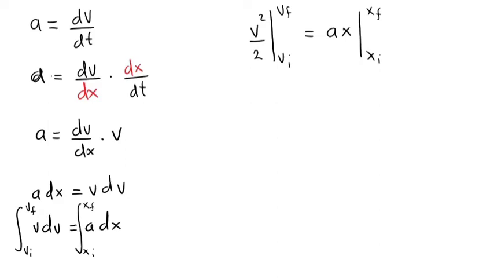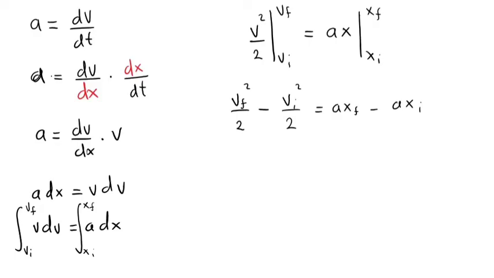So now at this stage, it's just a matter of applying the limits, of which we can say where there's v, I'll replace that v with the final velocity. Then the same function, I'll replace v with the initial velocity. On the right hand side, I'll replace x with the final position, that is ax final, minus again with the initial position or displacement.